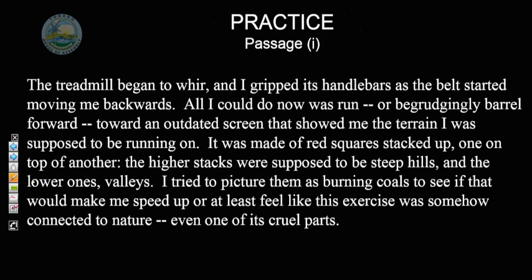The writer says that he gripped the handlebars as the belt started moving me backwards. This bit of detail almost speaks of lack of progress, moving backwards rather than forward. That detail is important here: moving me backwards.